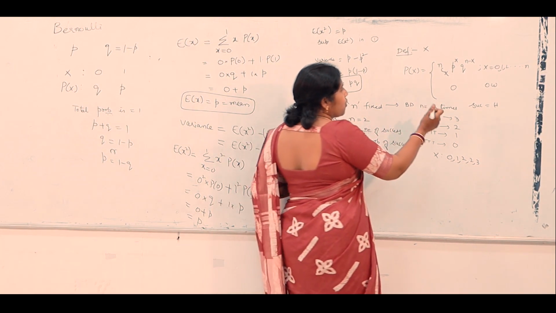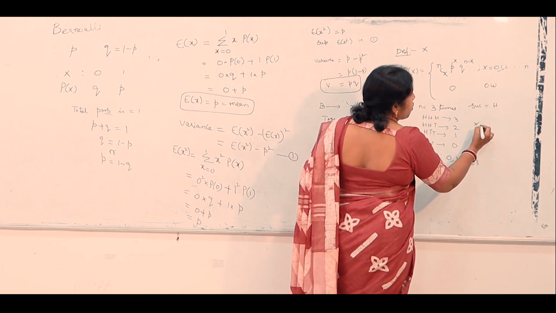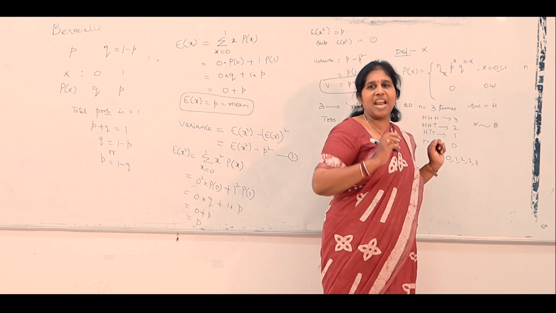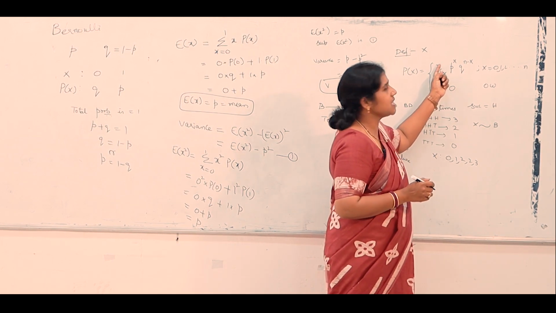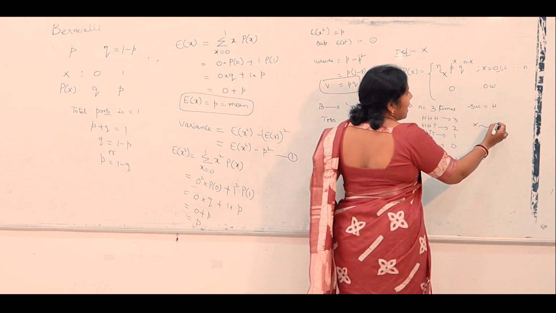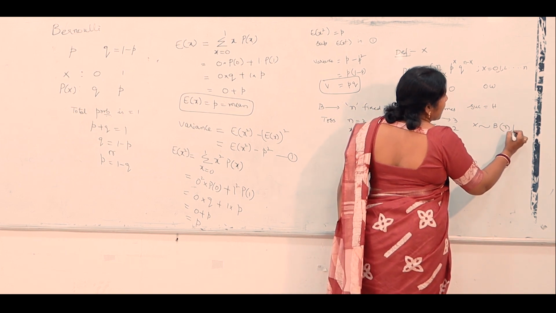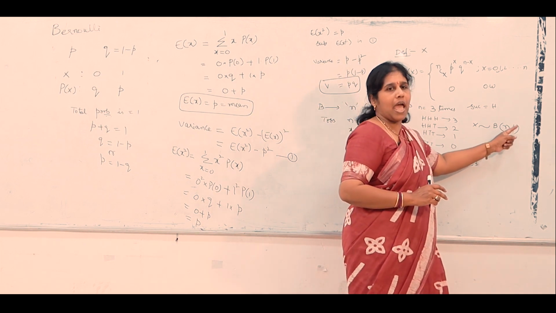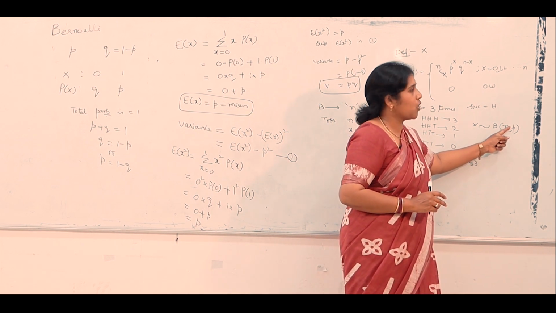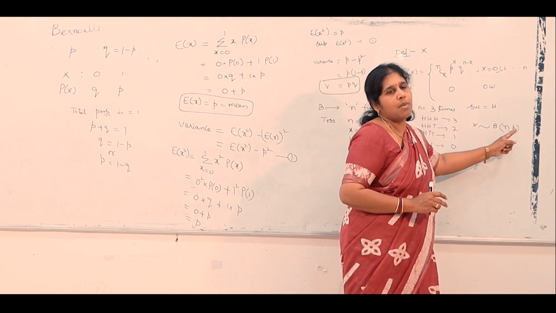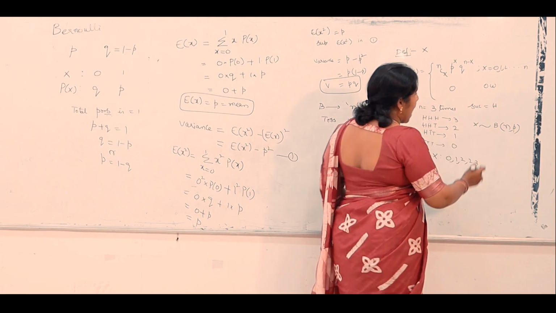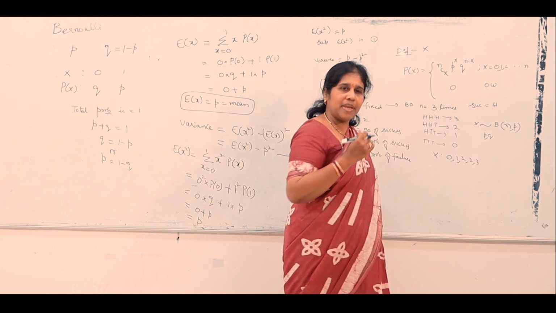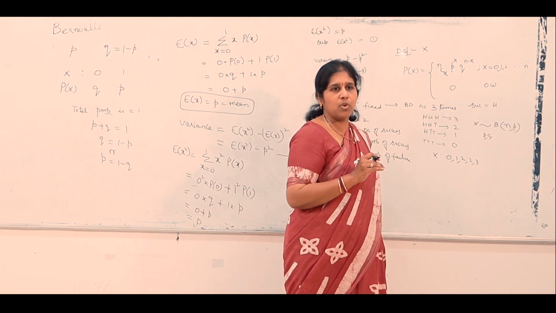Now we can say that X follows binomial distribution. Here, two parameters are there. What are those two parameters? n and p. We can write it as X follows binomial distribution with two parameters, n and p. n is called the number of trials and p is called the probability of success. Here p and q are both probabilities; p is the probability of success, q is the probability of failure.